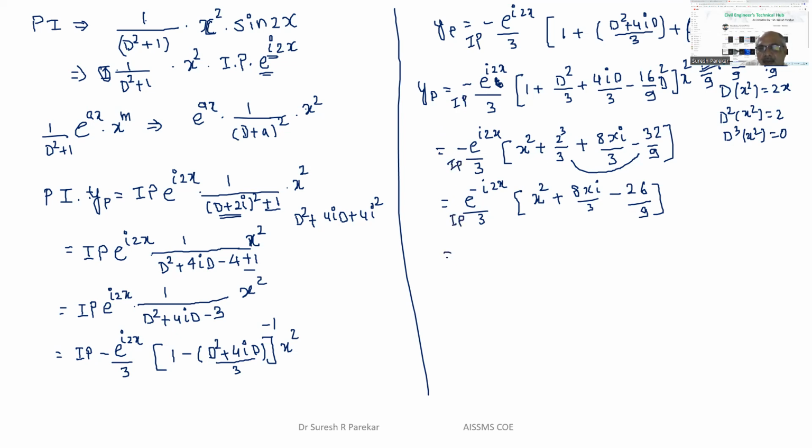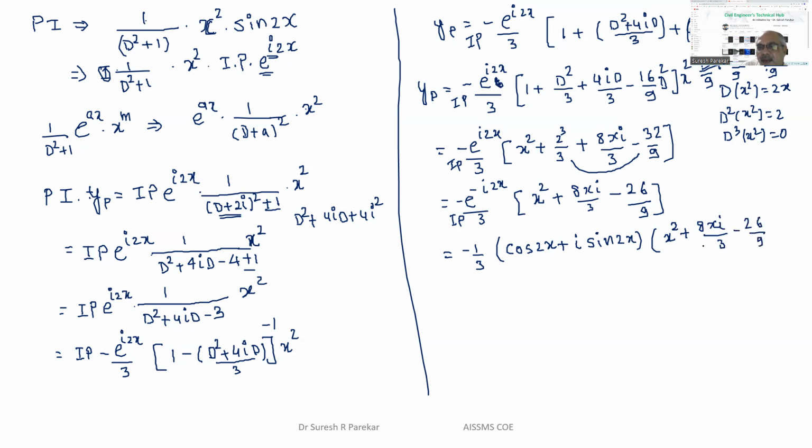So we have equal to, this is minus sign over here, so minus 1 by 3, and then we have cos 2x plus i sine 2x. And then this will be as it is: x square plus 8xi by 3 minus 26 by 9.